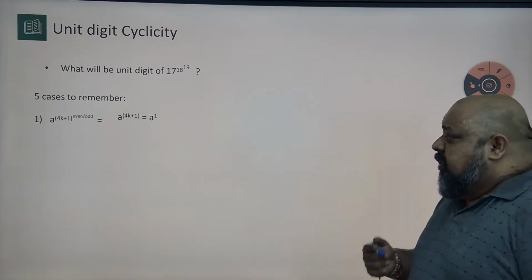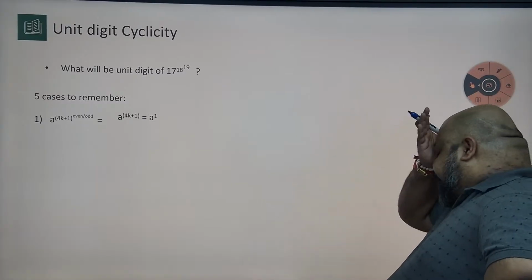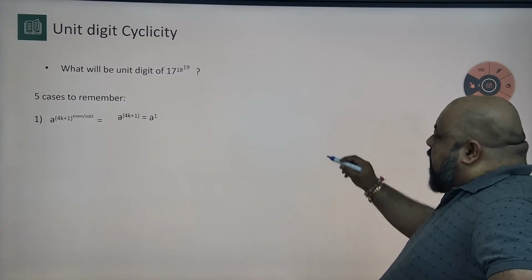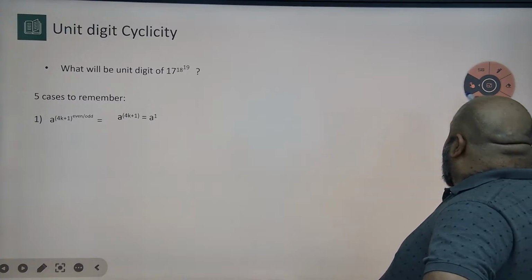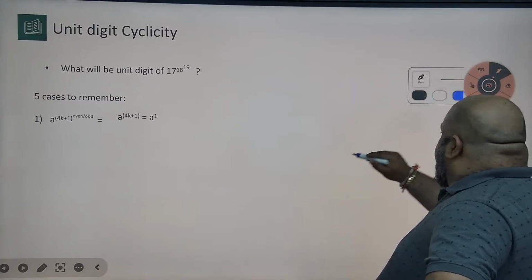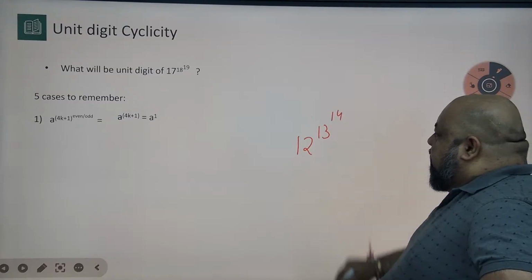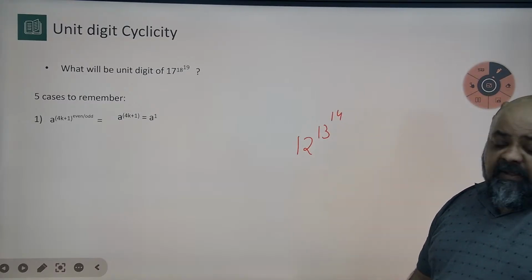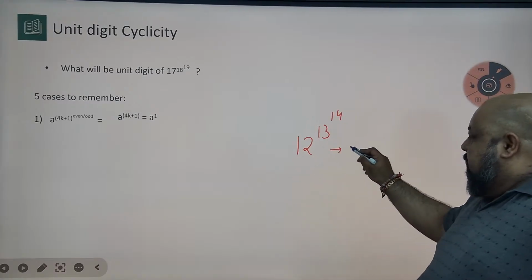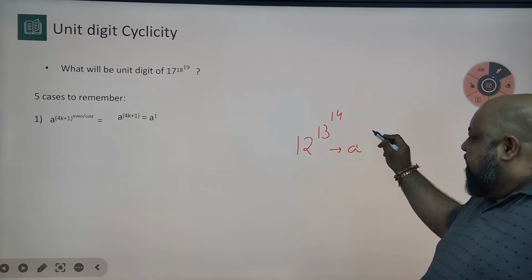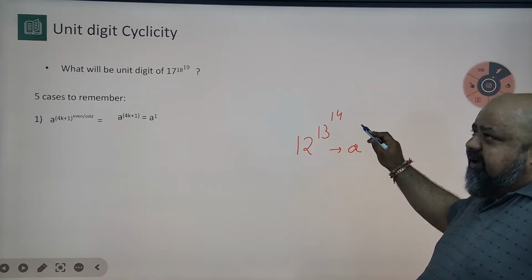So if I say, what will be the unit digit of 12 raised to power 13 raised to power 14? Now 12 is my base A. If I divide 13 by 4, I get the remainder as 1.